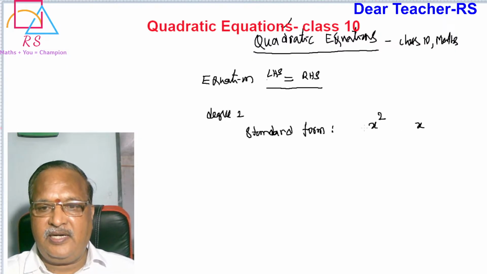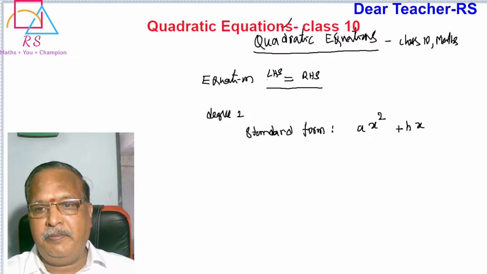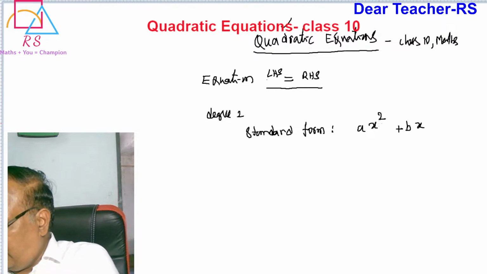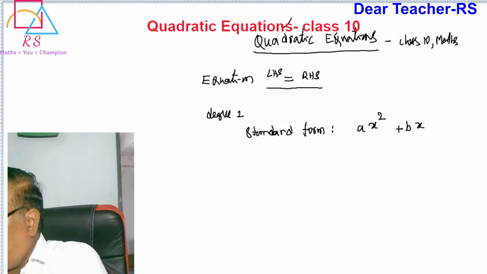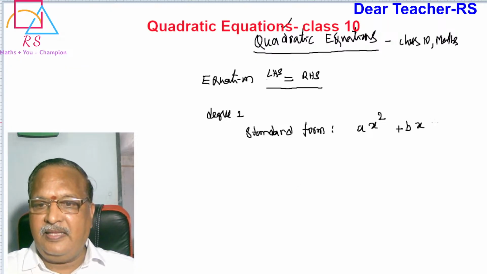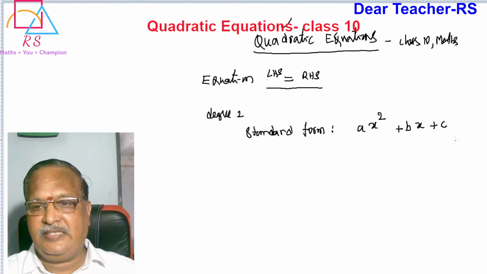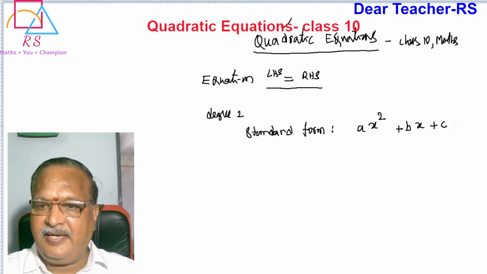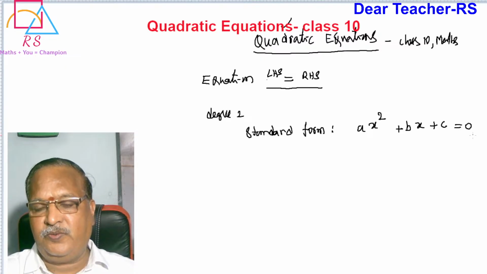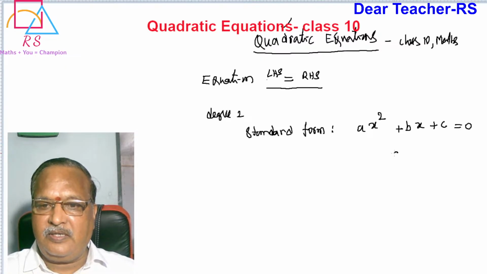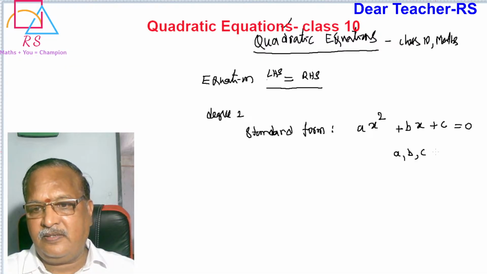Because it is a standard form, we will use alphabets instead of numbers: ax square, bx, and c constant. Here x is the variable, a, b, c are real number coefficients, and the equation is equal to 0. The condition is that a, b, c are always real numbers.